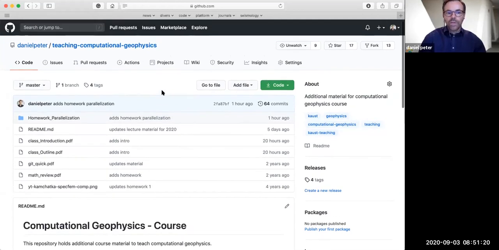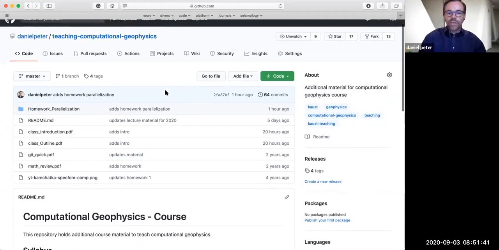So the idea of Git and GitHub is version control of code. When you have a code, you submit it, you tag it as your initial version, and then you keep changing the code, and Git keeps track of all these changes. So it's a version control system.